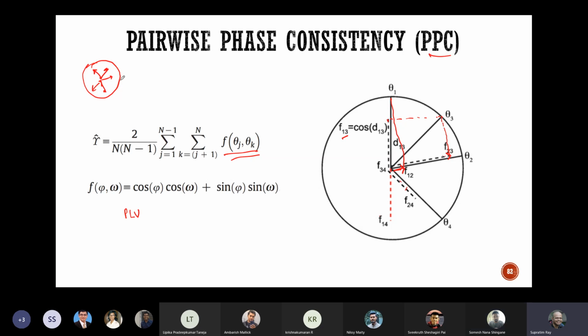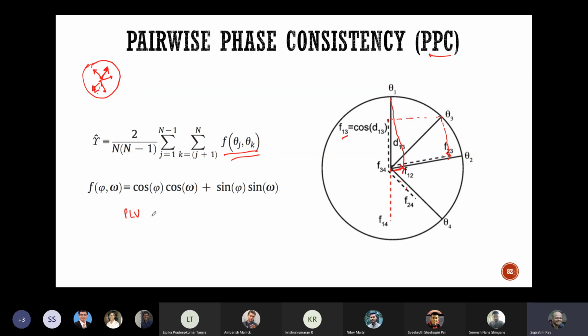That's what you expect. But the problem is that if you only had a finite number of these vectors, then for each vector here, you may not have another vector that points in the other direction because you have so few. So the average vector may not be very small, even if they are truly random.